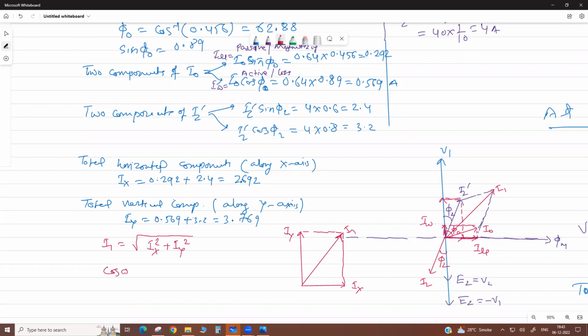Then cos phi 1 is the primary power factor.